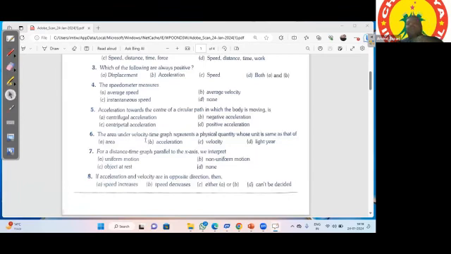If you find the area under the velocity time graph, which physical quantity is represented by it? Sir, is it acceleration?